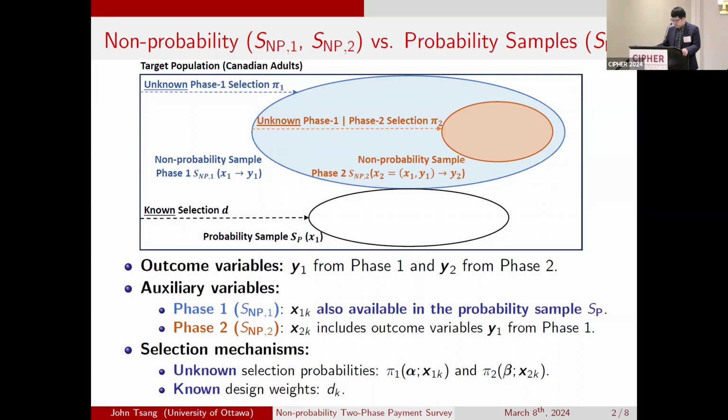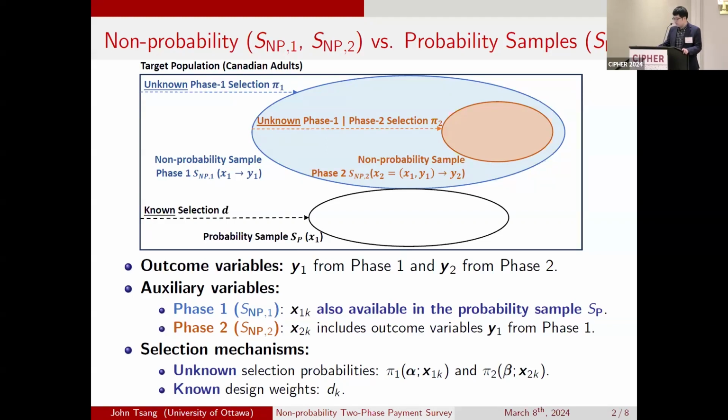The non-probability sample consists of two phases, as we can see from the two concentric circles in the diagram. Every respondent of phase 2 comes from the first phase sample. One thing I'd like to highlight is that the proposed method does not require the effort to identify overlapping units between the probability sample and the non-probability sample.